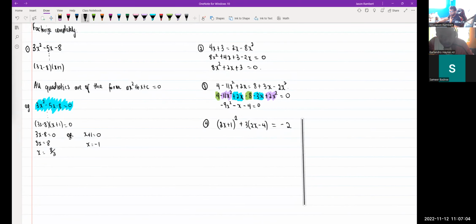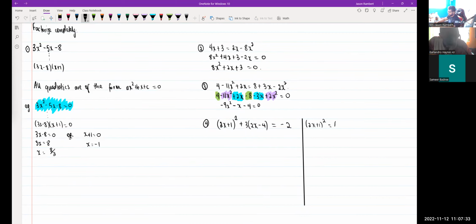This is how I personally like students to do the working for these questions. Draw a little working column, and do whatever expansions you have to in the working column. One, it makes life easier for a teacher to understand what you're doing, and it makes life a little easier when you're writing your work visually. So in my working column, I'll have 2x plus 1 squared. Now there's a shortcut to expand two terms in a bracket squared, but we could do the long cut first.